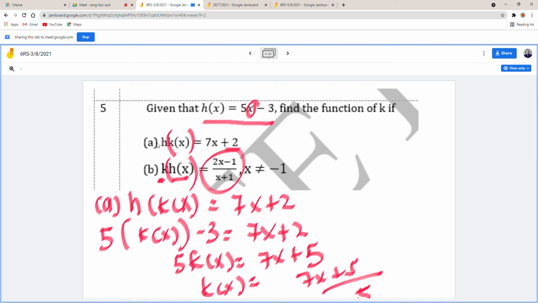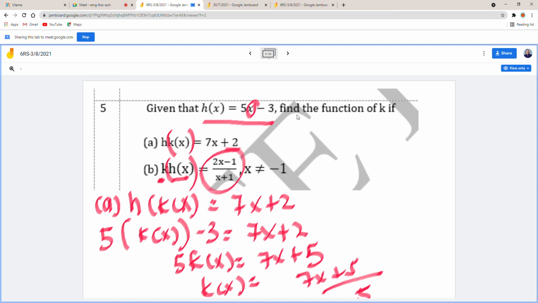The outside function is given, so you just substitute that. So hk x, right? You make kx as x. So f here will be kx minus 3. You just substitute kx in this x, equals 7x plus 2. Then bring the 3 over there, bring the 5 over here, you get 7x plus 5 over 5.